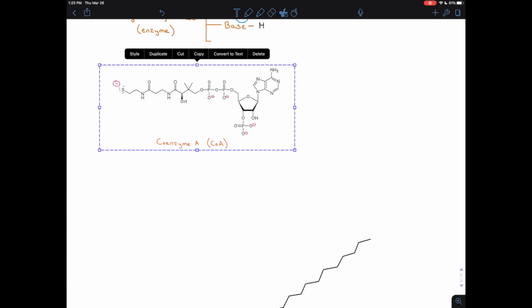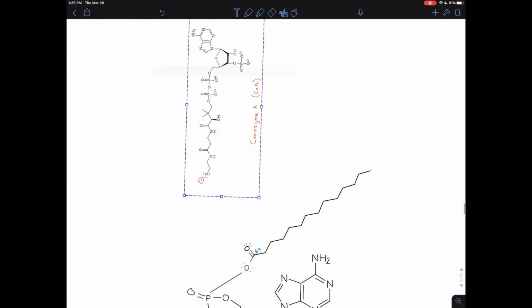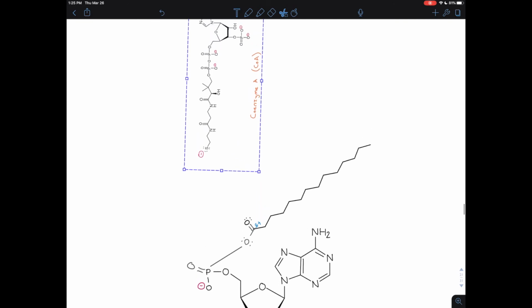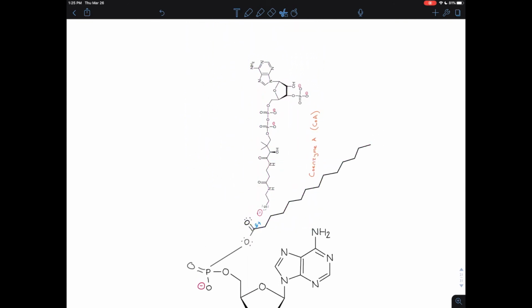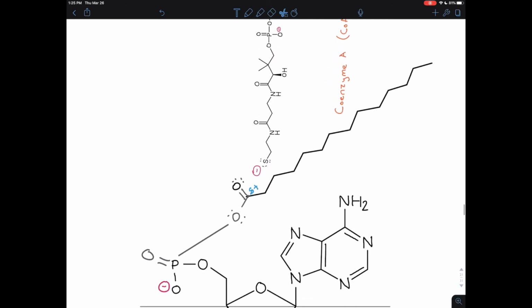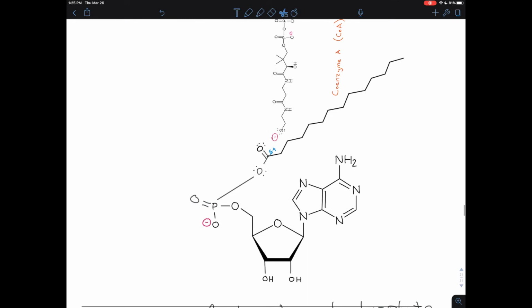So now we can take this coenzyme A molecule, and it is going to do a nucleophilic acyl substitution reaction with this fatty acid.